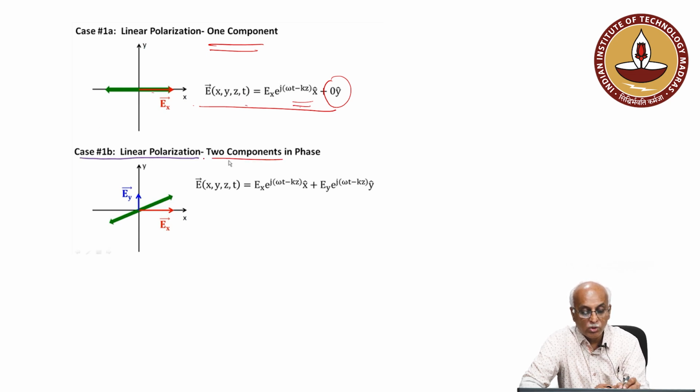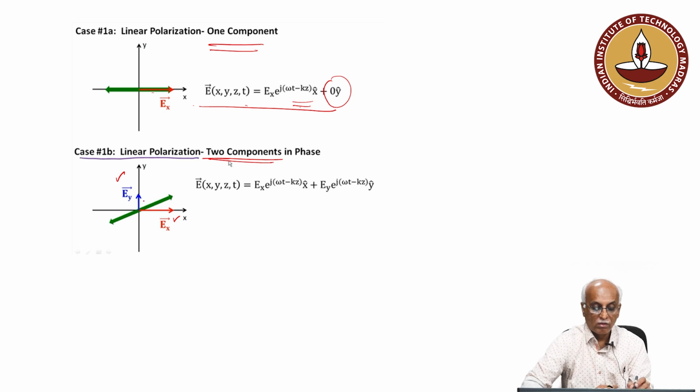And if there are two components, both orthogonal to each other, two linearly polarized electromagnetic waves, then the resultant vector field, which is given by this E bar xyzt, is given by the term along the x bar direction and another along the y bar direction.